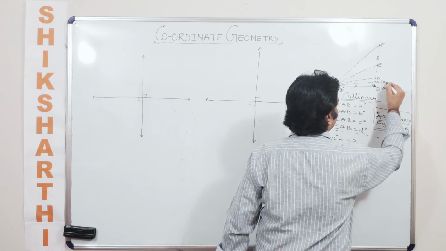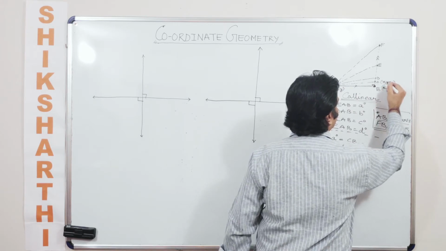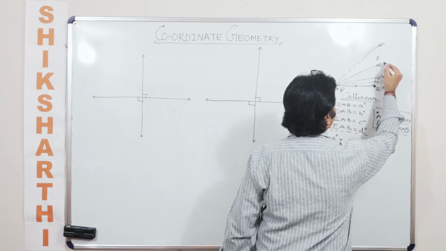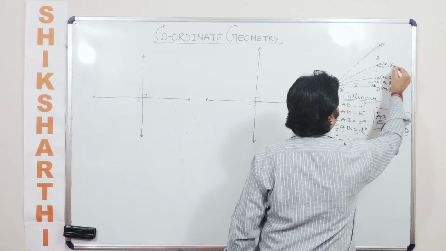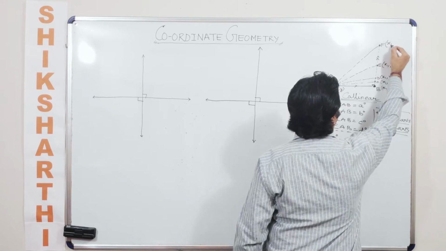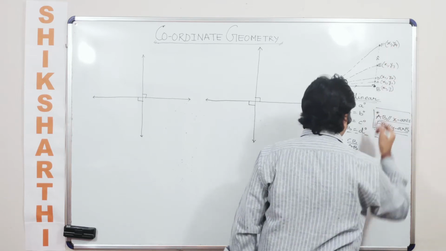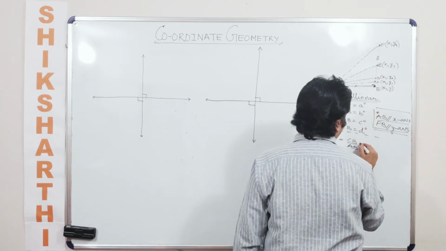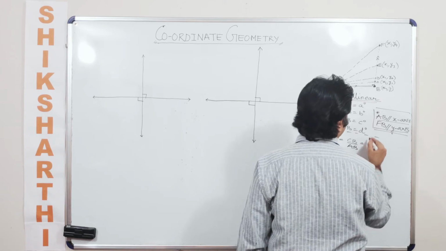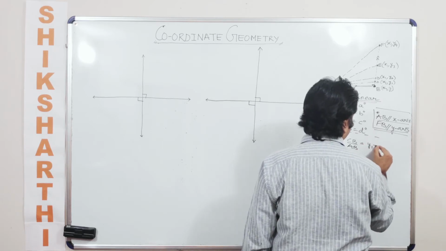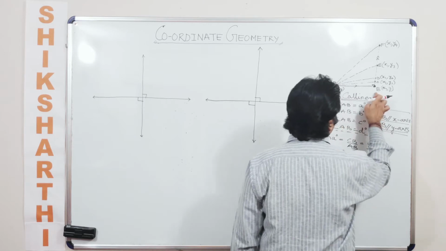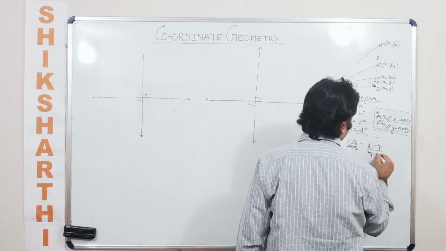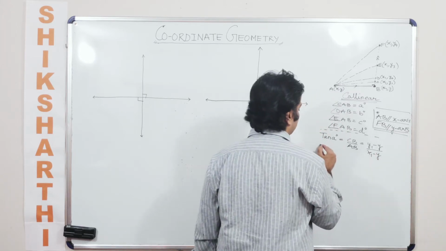So let's say x1 comma y1 for C, x1 comma y2 for D, x1 comma y3 for E, and x1 comma y4 for F. So what is the length for CB? The length for CB will be nothing but the perpendicular distance, which is y1 minus y, divided by the horizontal distance, which is AB. The horizontal distance will be x1 minus x. And the same you can infer for others.